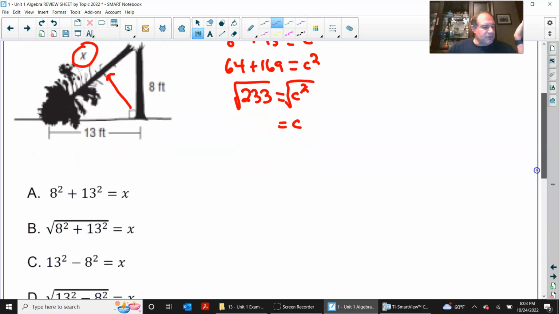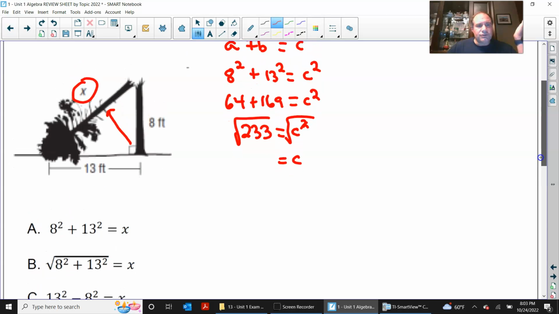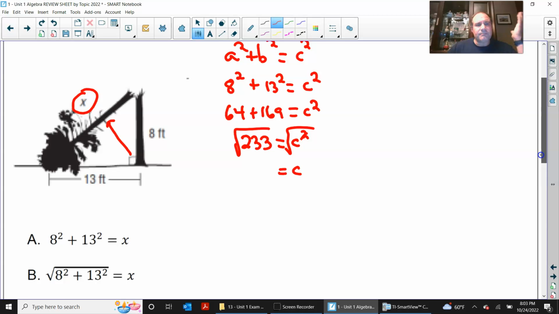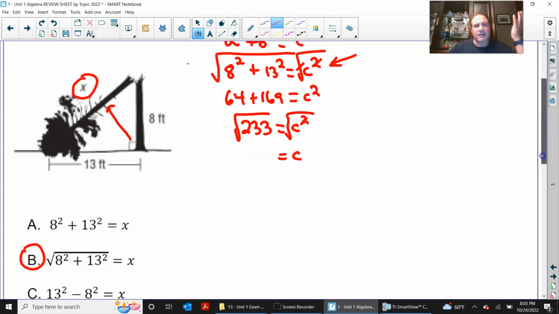So we're just going to take a look at which equation could be used. So you're talking about 8 squared plus 13 squared. And at this point right here, I could have stopped and just realized, hey, this is x, your c squared. If you square root this side and you square root this side, so this is c equals the square root of 8 squared plus 13 squared, B is your answer. You didn't have to go through what I just did.